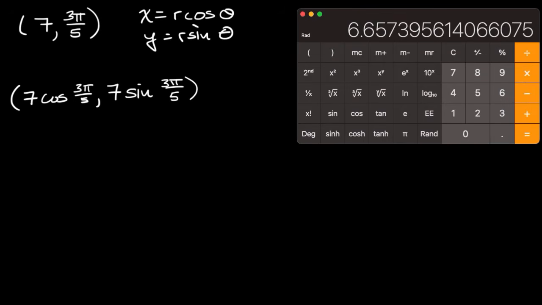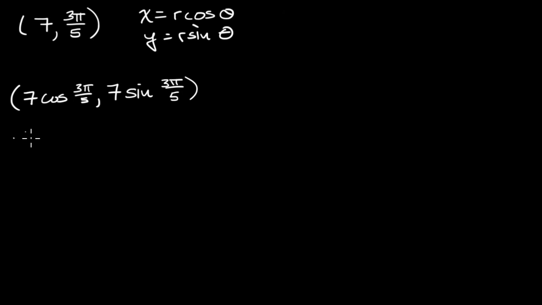So here we have our calculator. Let's make sure we're in radian mode. Yep, we are in radian mode. And so if you were to take 3 times pi divided by 5, and then take the cosine of it, times 7, is equal to, I'll round to 3 decimal places, approximately negative 2.163.